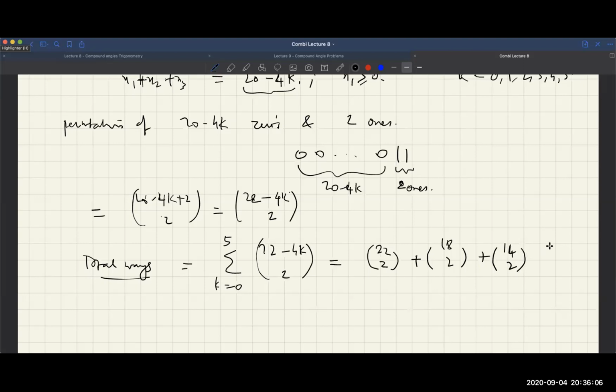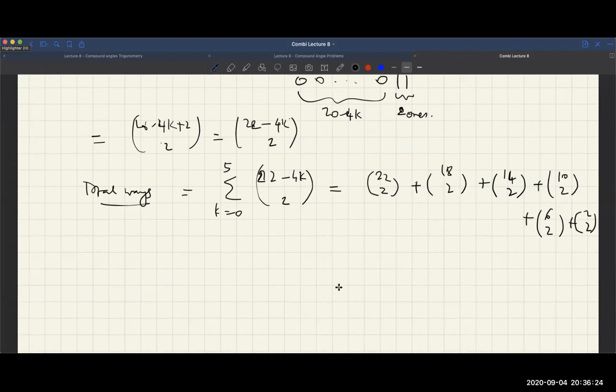So it's a jump of 4 which happens every time, right? Am I clear, guys? Then it will come to 10 choose 2, and then it will come to 6 choose 2. Yeah. So first 20 and then 2 choose 2. These are the kind of terms which you'll get, and you just have to simplify this.